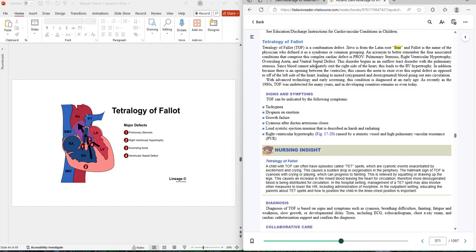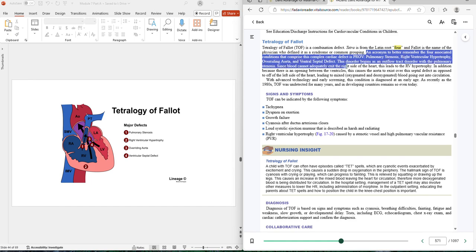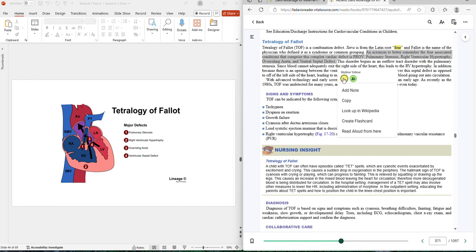Tetralogy of Fallot. This means there's four things wrong with the heart, okay? There's four abnormalities. So the first one, pulmonary stenosis. The second one, right ventricular hypertrophy. The third, overriding aorta. And the fourth, ventricular septal defect.